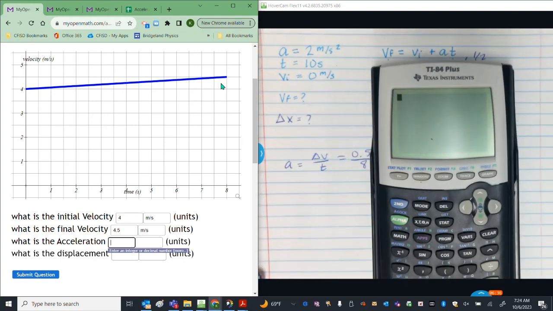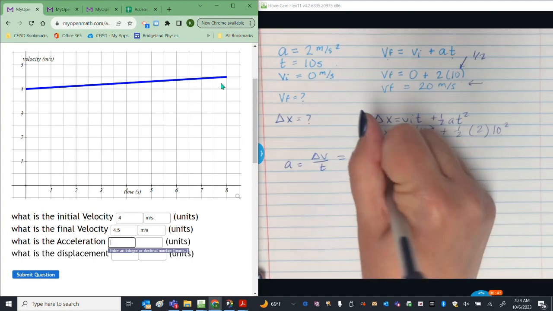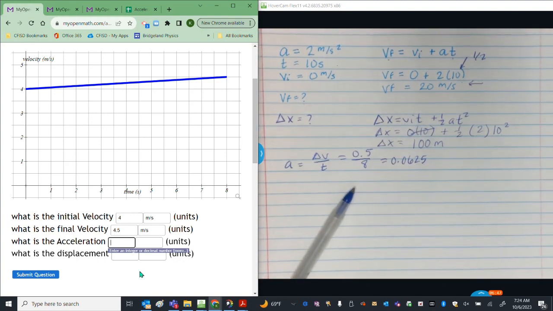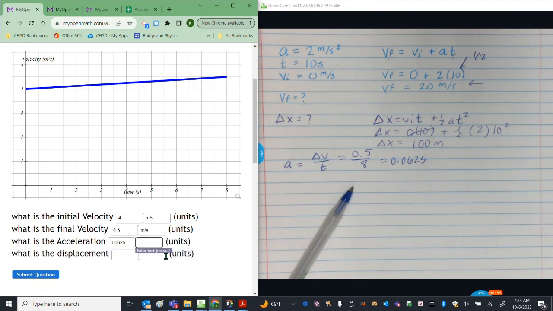Let's see, 0.5 divided by 8 is 0.0625. And so that would be my acceleration, 0.0625. And again, my units, meters per second per second.